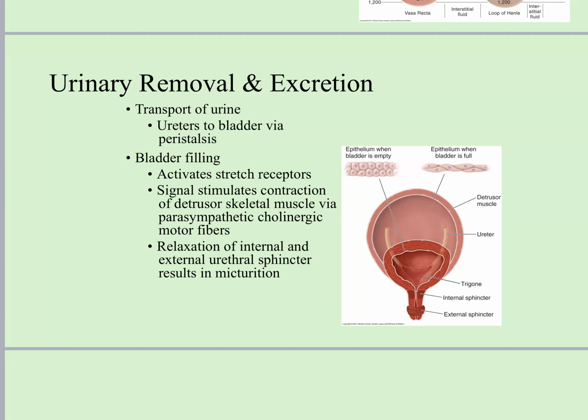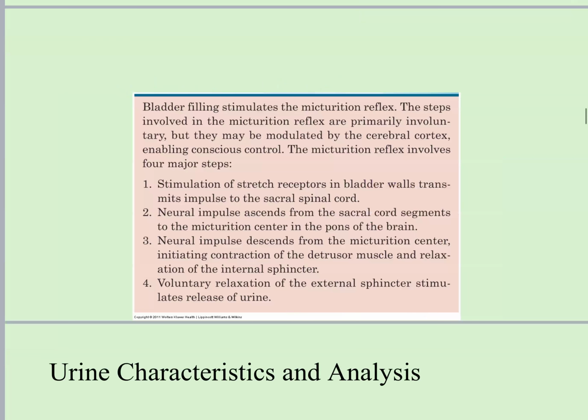When the person's ready, they relax the internal and the external urethral sphincter, and that results in micturition. Here that is phrased a different way, listed out like that, but it's a four-step process.